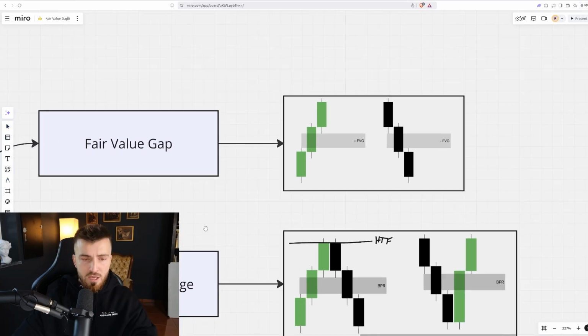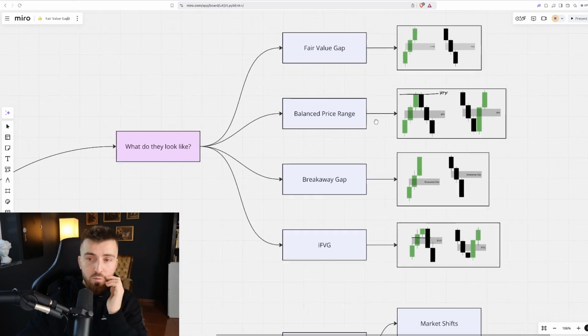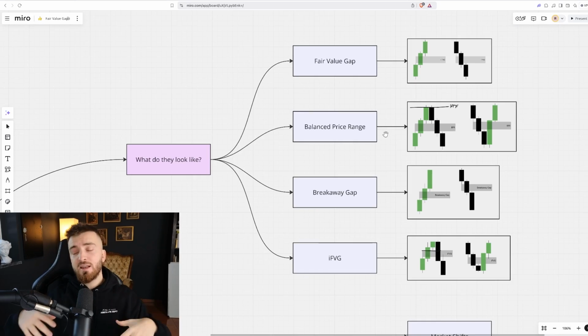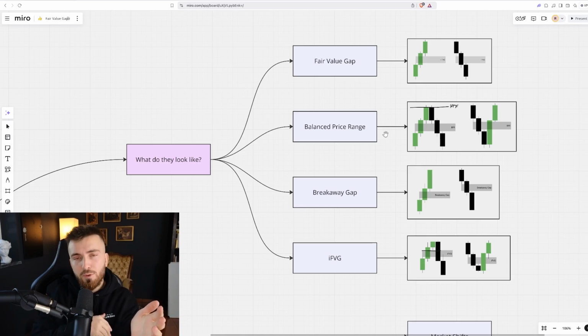Now, there's one thing that is important. I don't want you to overthink fair value gaps. I think one of the problems of a lot of traders is that they start adding so many different things, like this word and this word and this word, and all of a sudden they're like, wait, but is this a fair value gap? Is this the BPR? Is it a breakaway gap? Inverted? What is this? And you get analysis paralysis. I don't want you to have that.